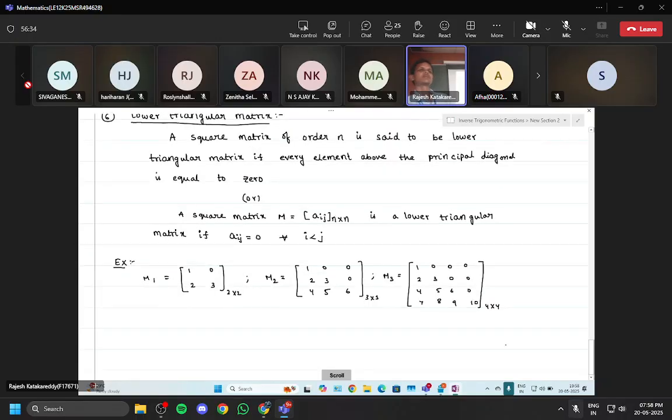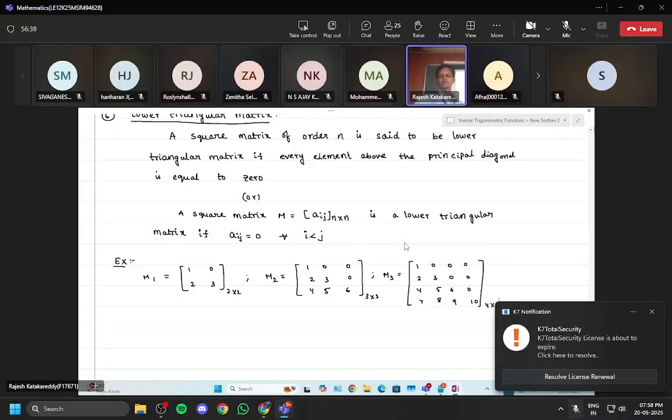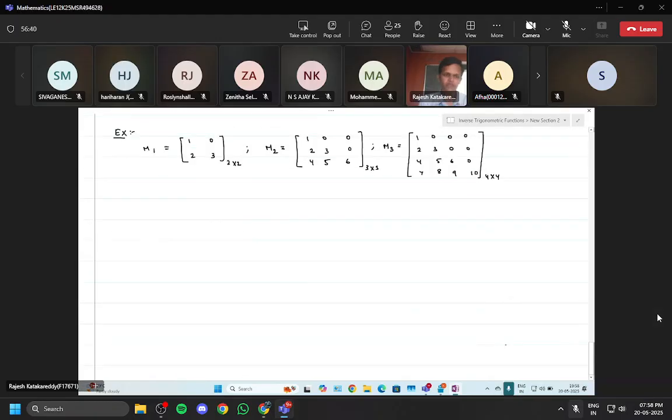So few note points about these types of matrices.